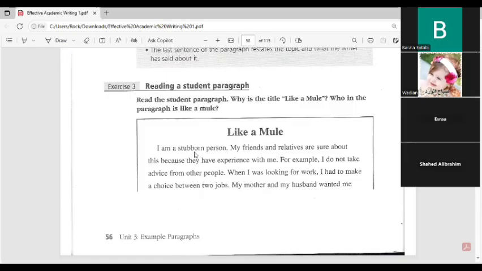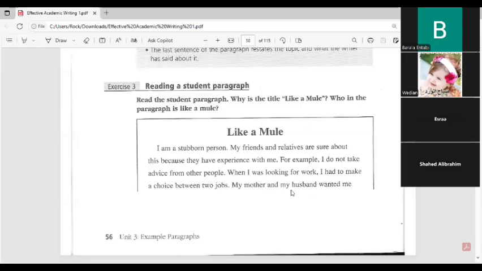Make your voice go down at the end of the sentence, because there is a full stop at the end. I'm not saying, I am a stubborn person, my friends. Because here we have a full stop, it means that the sentence is over. Okay, go ahead.